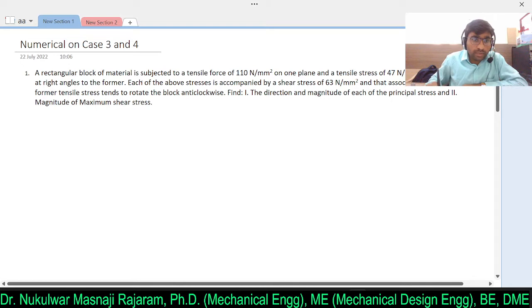A rectangular block of material is subjected to a tensile stress of 110 Newton per mm square on one plane, and a tensile stress of 47 Newton per mm square on a plane at right angle.